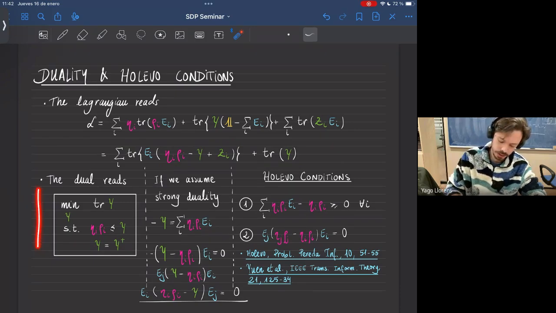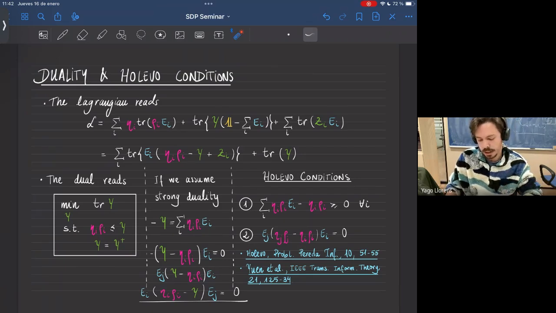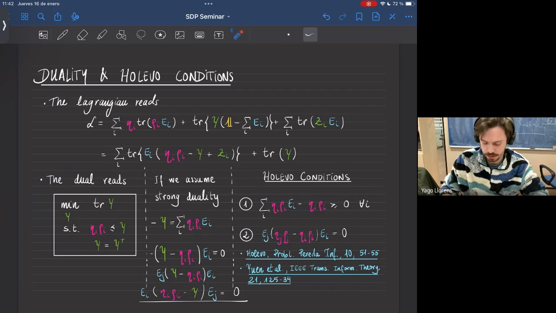So the dual at the end reads easy, because the formulation of the dual program is way easier than the primal, and this is useful because it will derive new techniques for solving the SDP, the optimization problem.